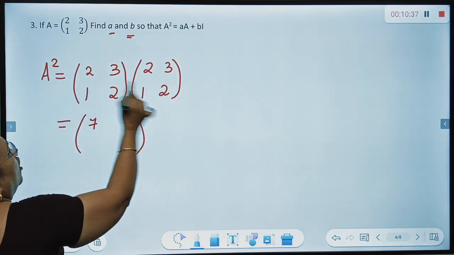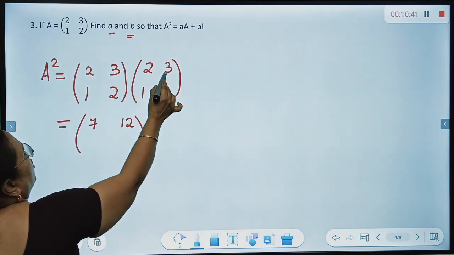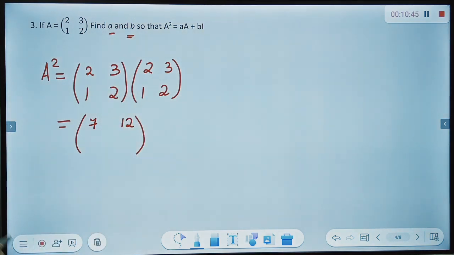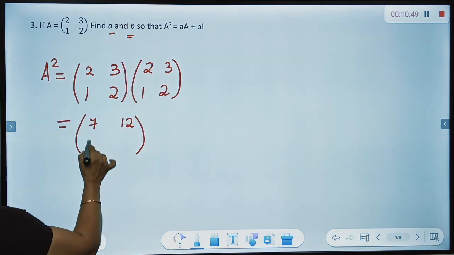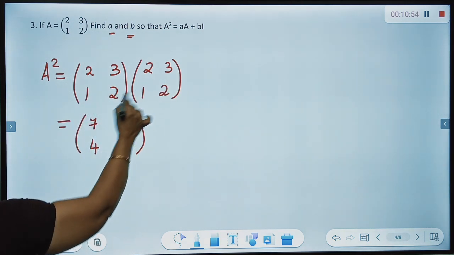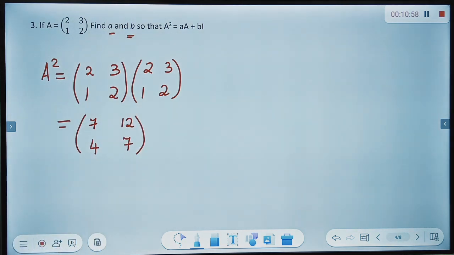First row, second column, 2 into 3 is 6 plus 3 into 2 is 6, so 6 plus 6, 12. Second row, first column, 2 plus 2, 4. Second row, second column, 3 plus 4, 7. So this is your A square.